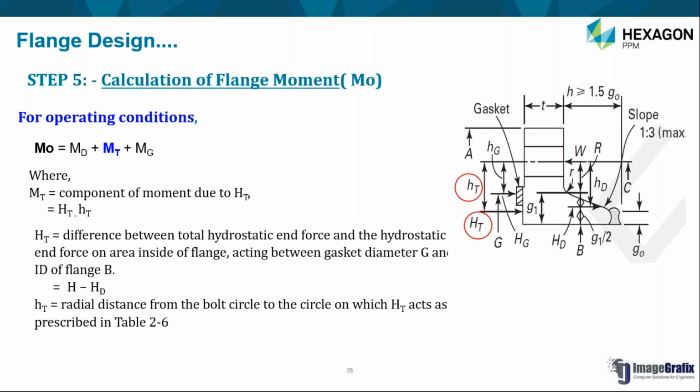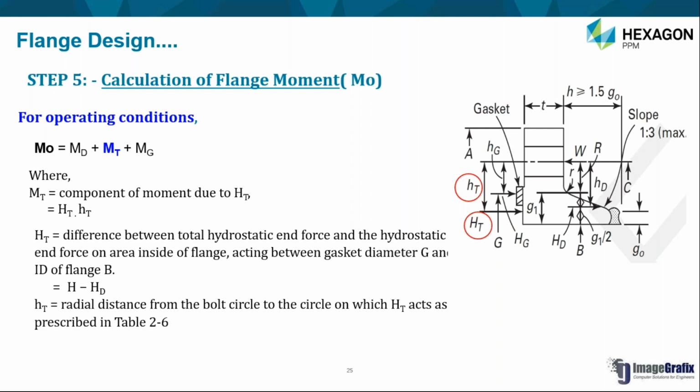The moment arm is considered to be the average moment arm of the hydrostatic end force as well as the gasket load reaction. So the moment arm for HT is the average of two distances: the distance from your PCD to the ID of your flange, and the distance from the gasket load reaction to the PCD of the flange.